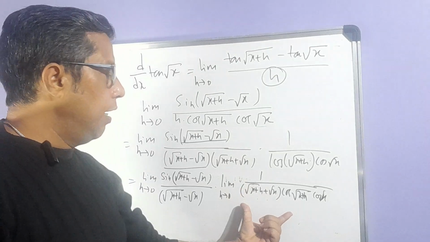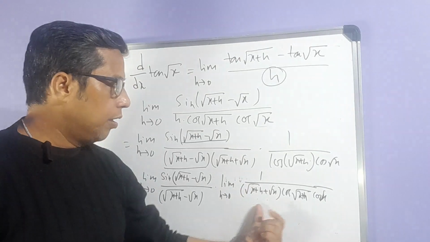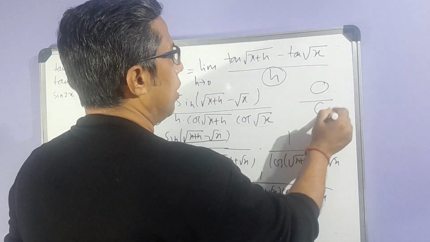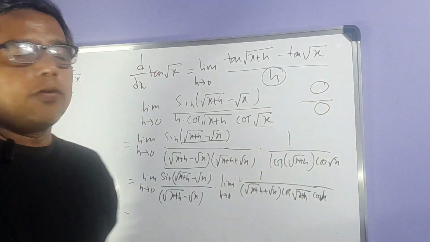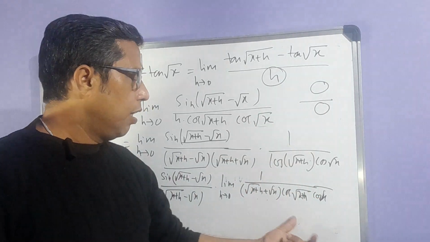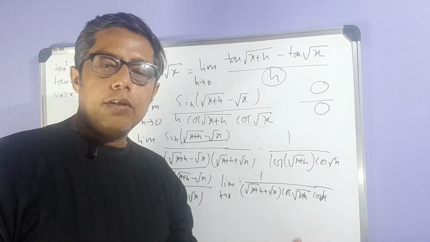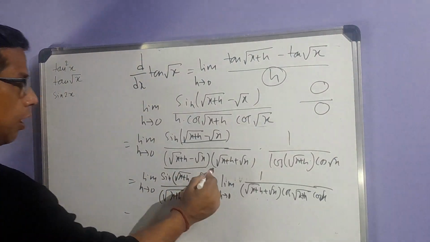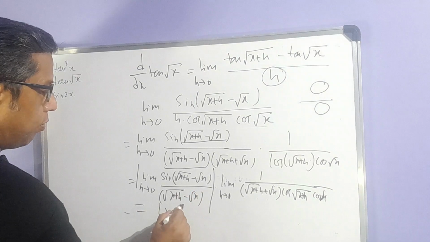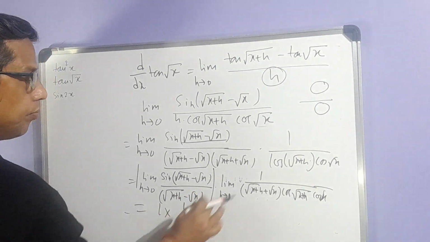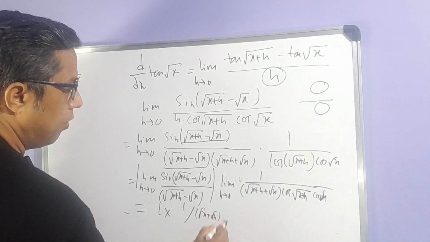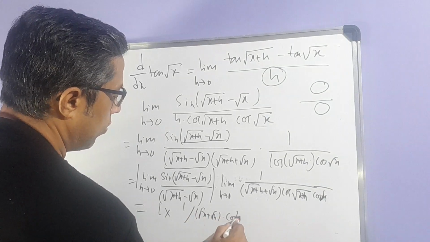We have to avoid the indeterminate form in case of limit numerical, otherwise we can put h is equal to 0, and in the cos function anywhere you can put the limiting value, right? So this part will be 1 into 1 by root x plus root x into cos square root x.